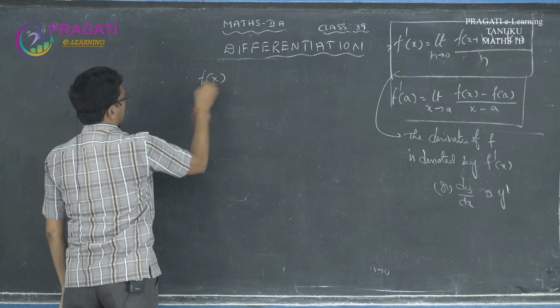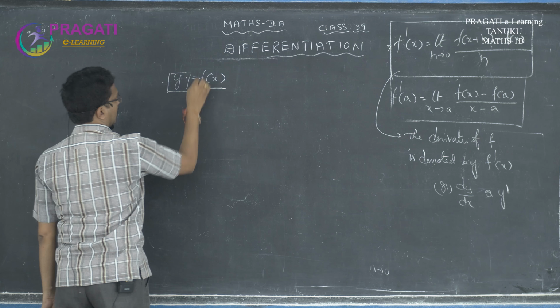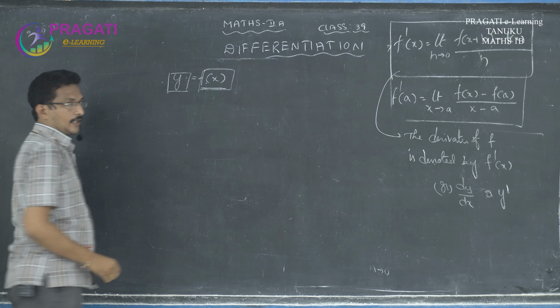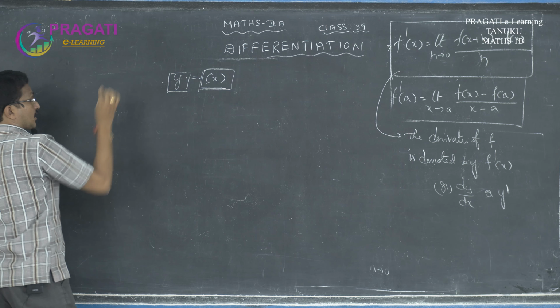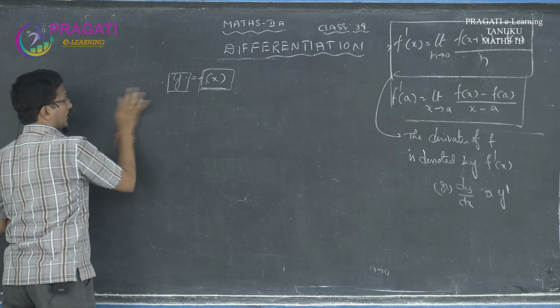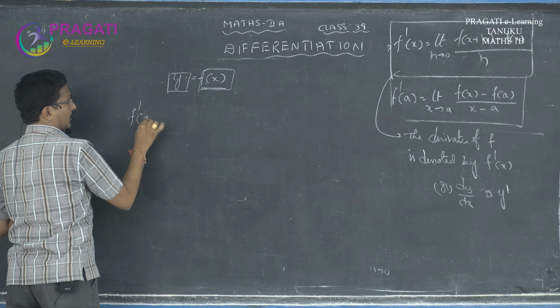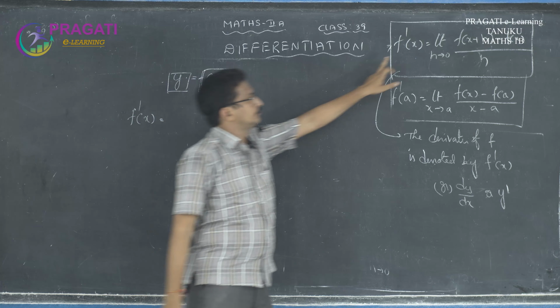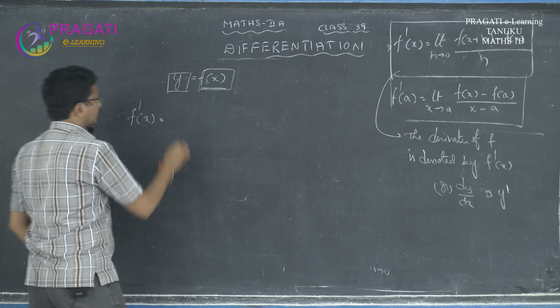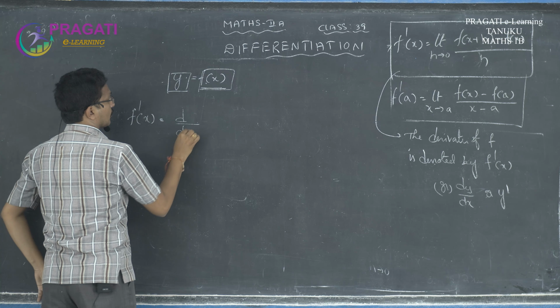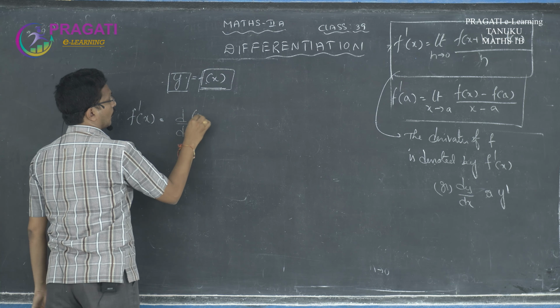It is denoted by y. F of x is a function and it is denoted by y. Then the derivative of the function is denoted by, the first model is f dash of x. Or sometimes d by dx of y, or sometimes d by dx of f of x, or sometimes it is denoted by y dash.